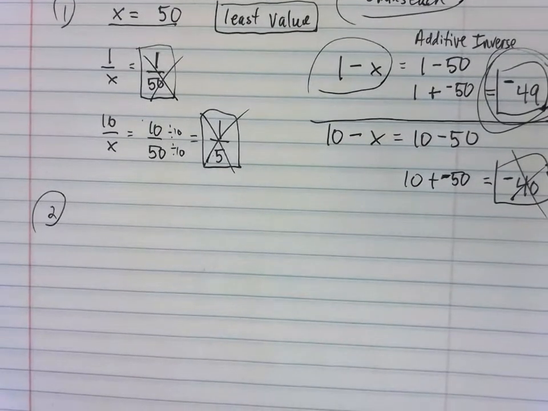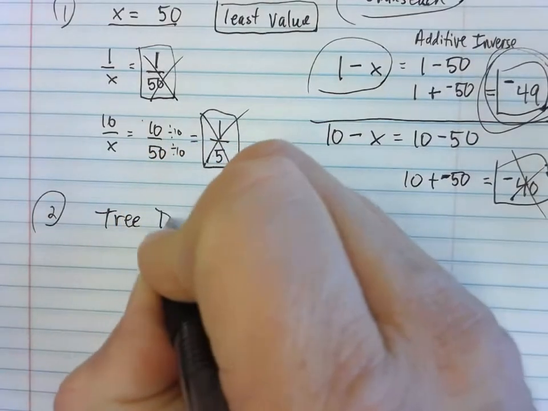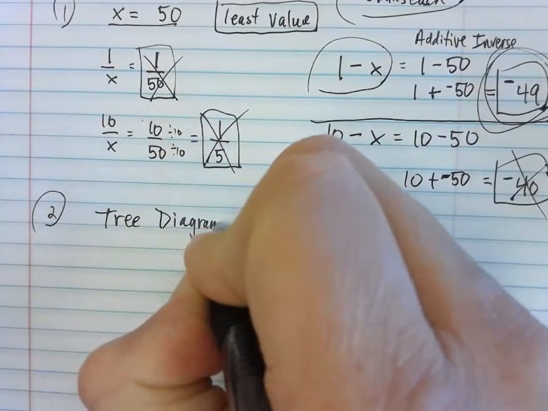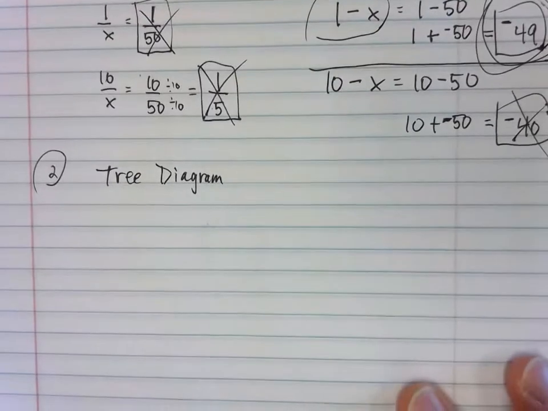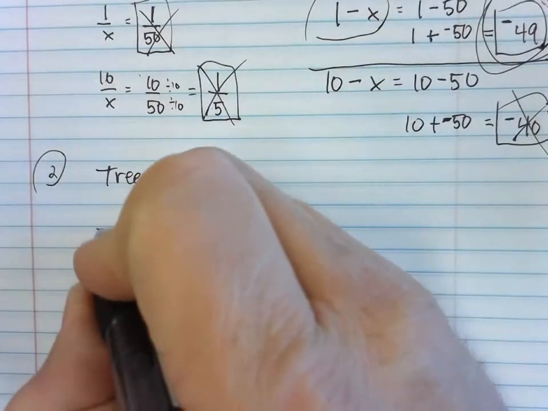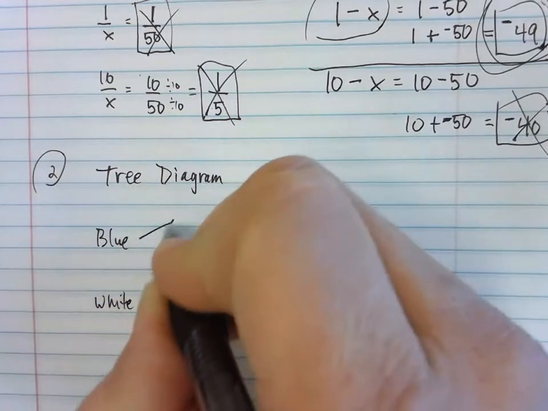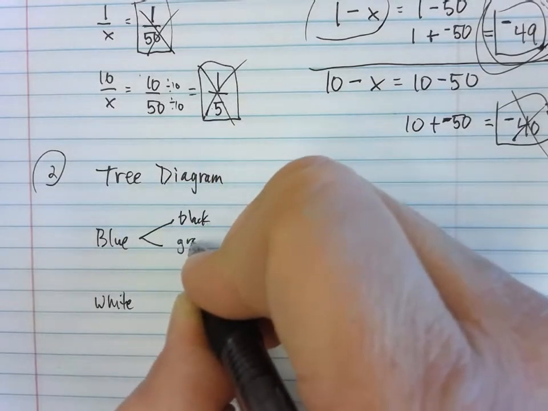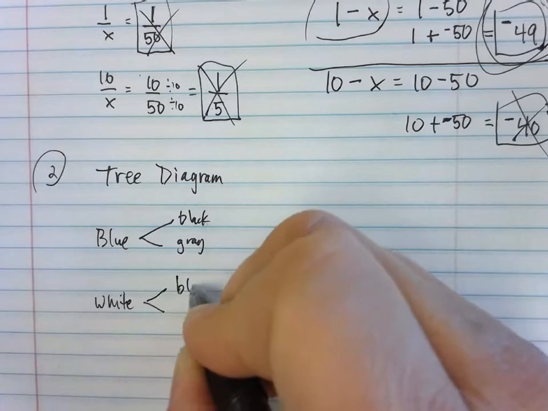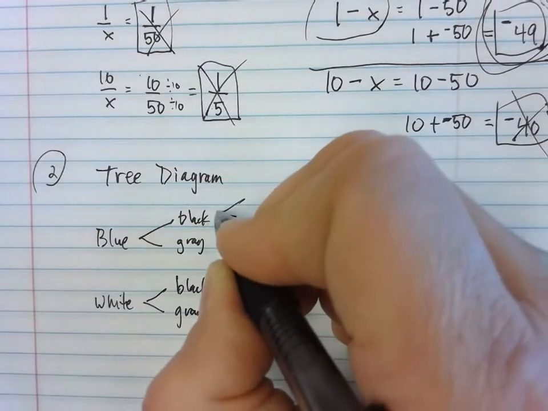All right, on the next one, it's giving you some sandwich choices, and I just want to talk to you and review with you some tree diagram stuff. I'm not actually going to do every single thing with you here. But if you'll remember, let's say you've got a blue shirt and a white shirt, and then you've got black pants and gray pants, and then you might have your shoe choices coming off of those.